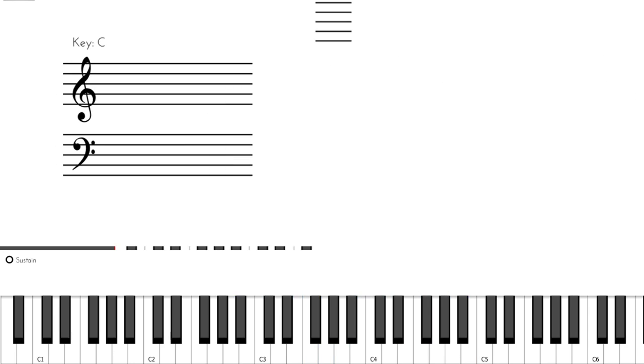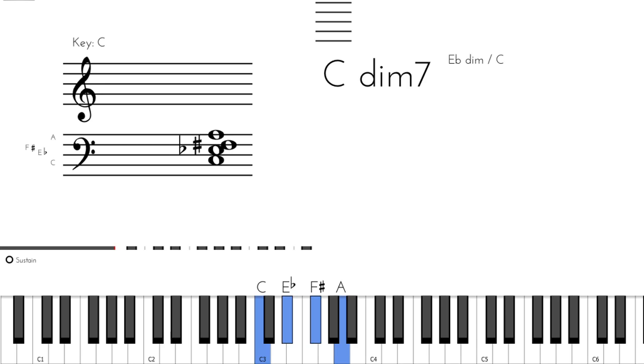So now, for the diminished chord, I did say it is symmetrical. So this rule doesn't apply. It applies to every other chord, but for the diminished chord, it's a little different. There's just three.